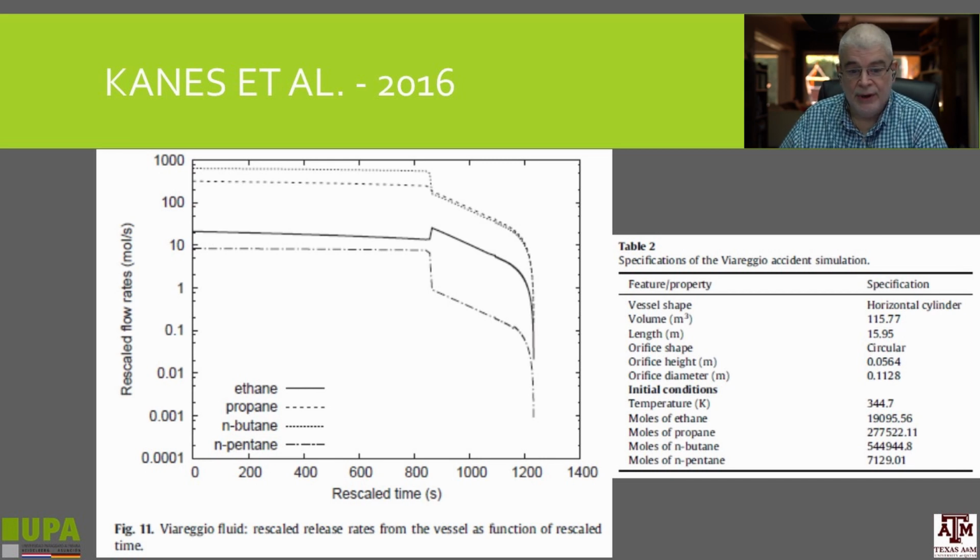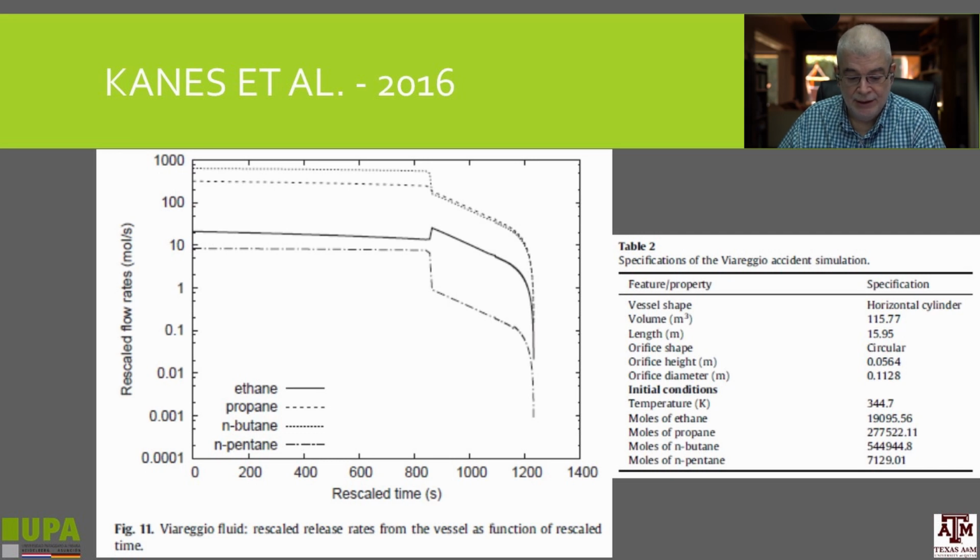Here what I show you is time against flow rates. So here, for example, take this line, the flow rate of each component as it leaks from the system. Here it's leaking from the liquid phase, so the flow rates decrease, but not dramatically.